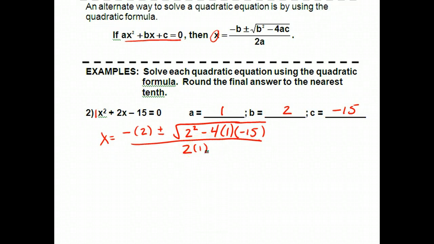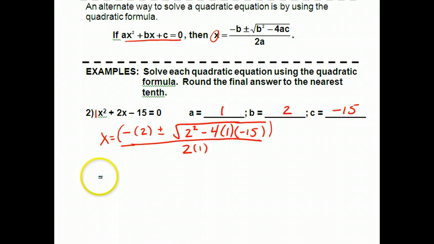Now we've got this big mess here, and we just want to simplify it. So we have to remember our order of operations. We want to do what's inside any of the grouping symbols first, and then take care of the grouping symbol of the top of the division sign, and then finally divide by 2.